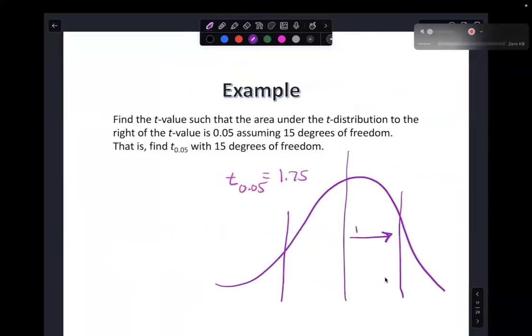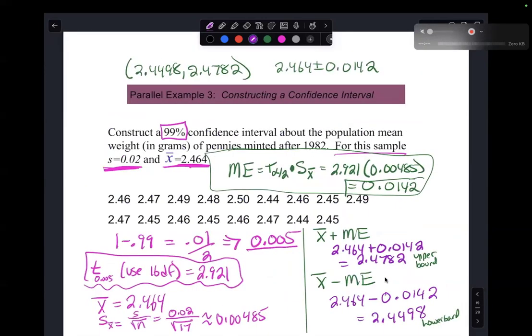This is plus 2.921 times S. So I moved 2.921 standard deviations to the right, and I moved 2.921 standard deviations to the left. So it's used exactly like a z-score. It's just calculated based on the sample size. Okay, that makes more sense. Good. I'm glad you asked that.